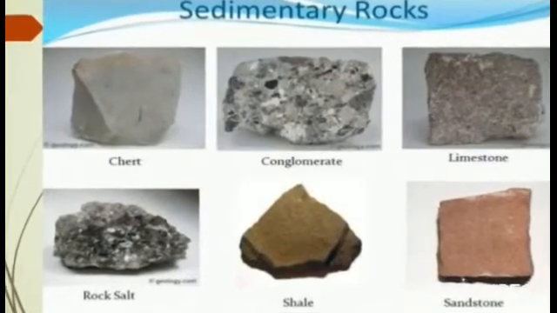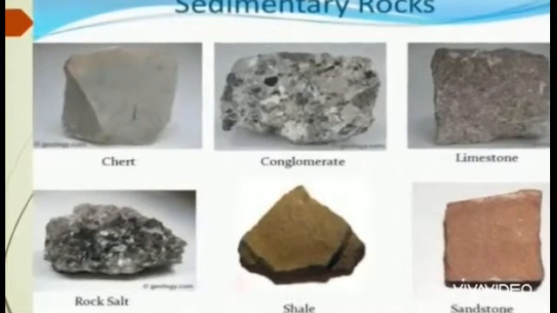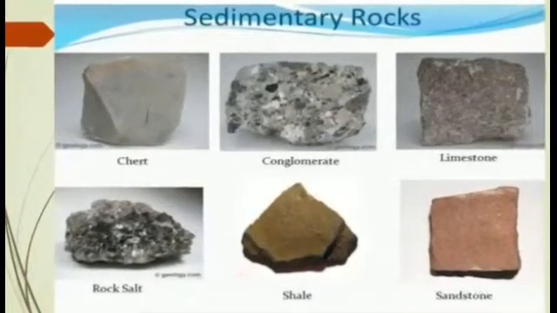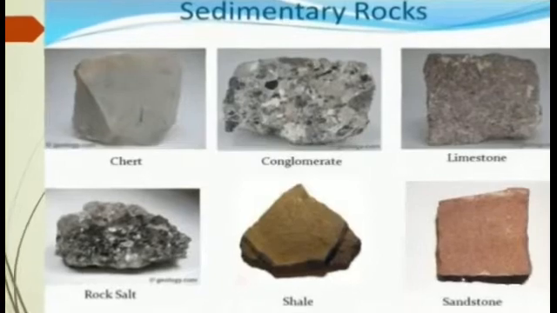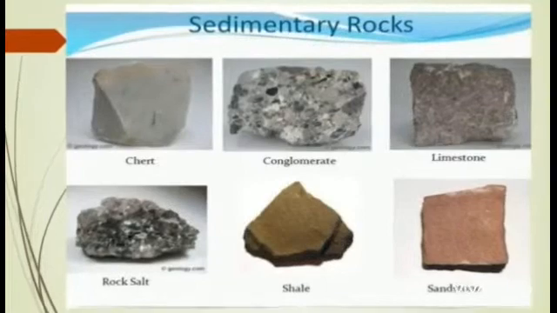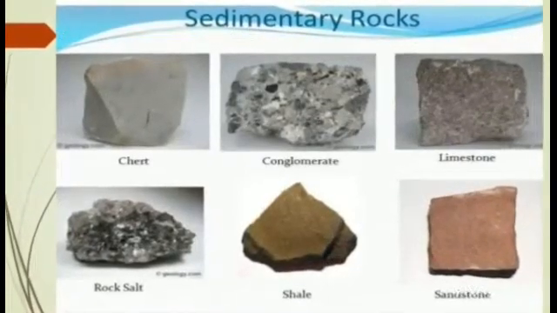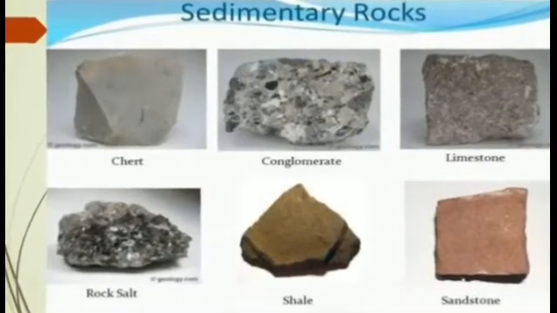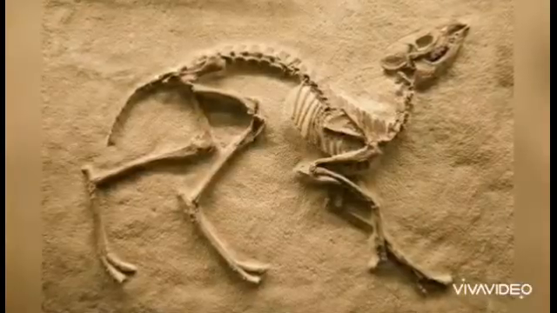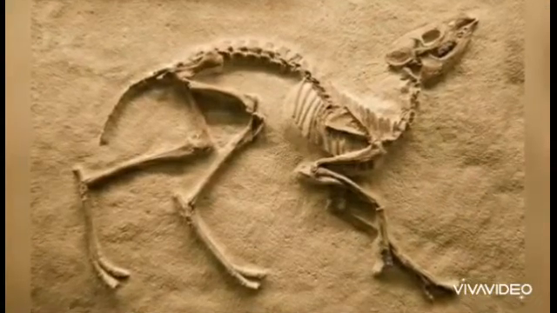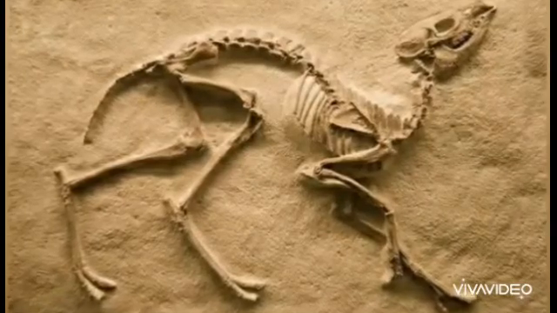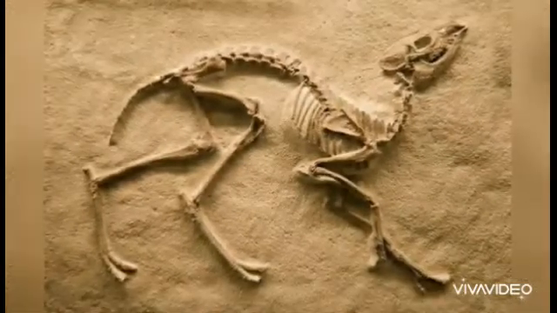One may find coal seams in sedimentary rocks. A coal seam is a dark brown or black banded deposit of coal that is visible within layers of rocks. The buried remains of dead animals or plants become subject to heavy pressure.